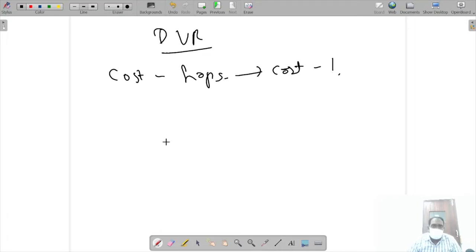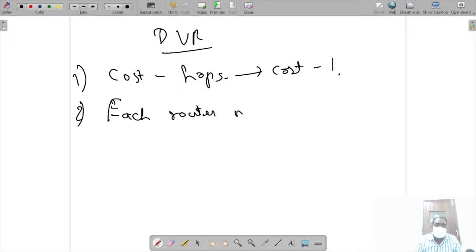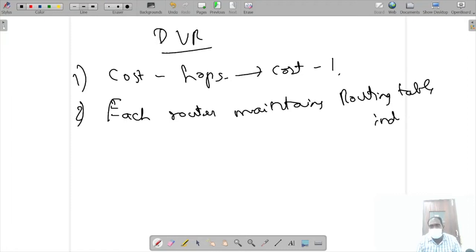Each router should maintain its routing table individually.